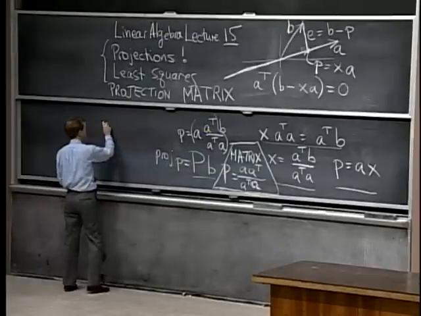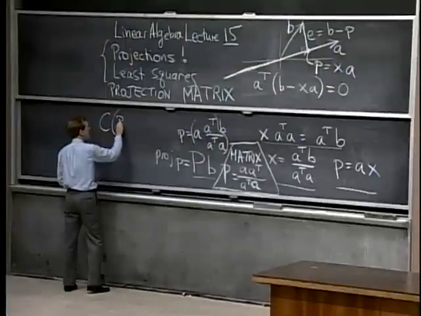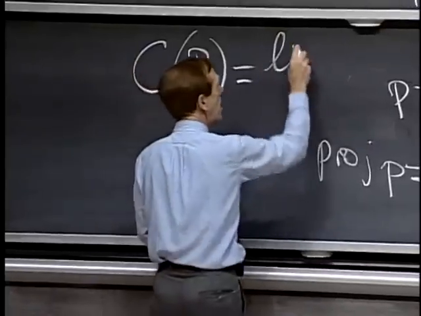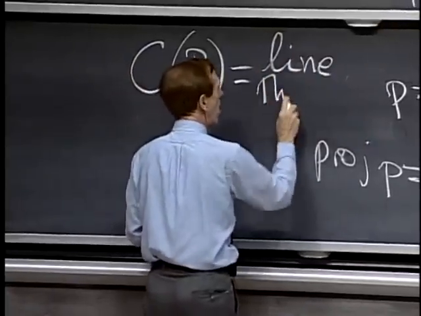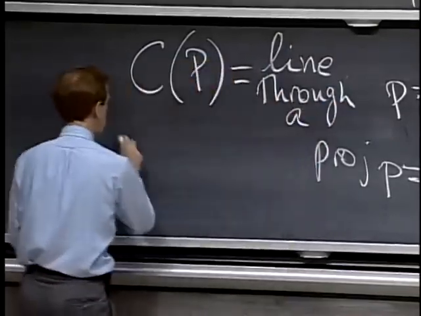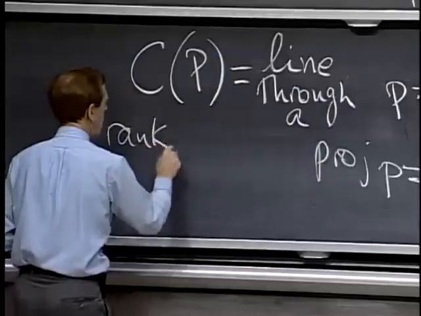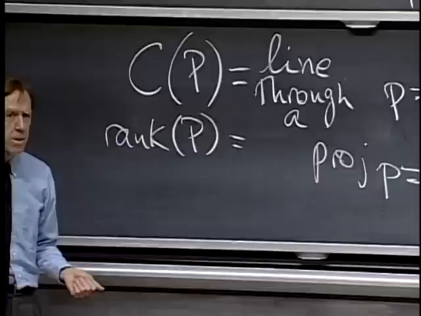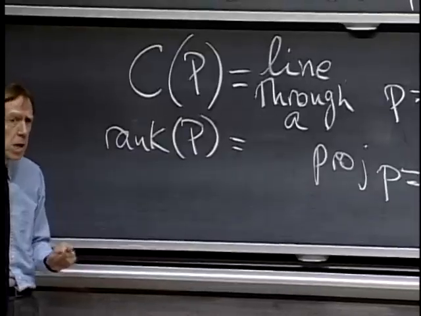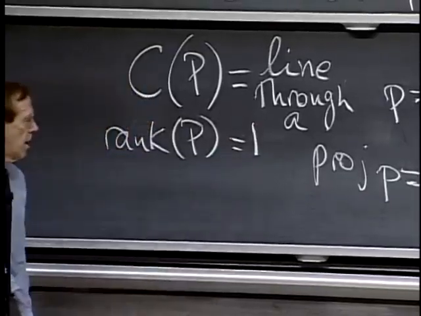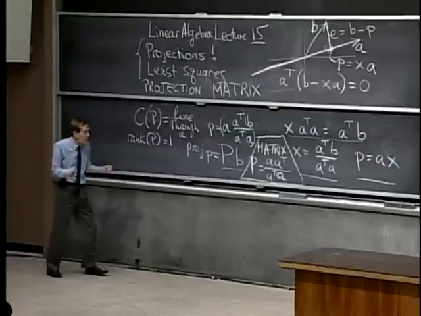The column space. So here are facts about this matrix. The column space of P, of this projection matrix, is the line through A. And the rank of this matrix is, you can all say it at once, 1. Right. The rank is 1. This is a rank 1 matrix.